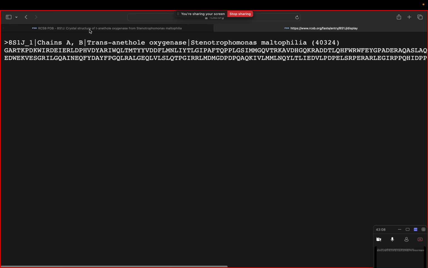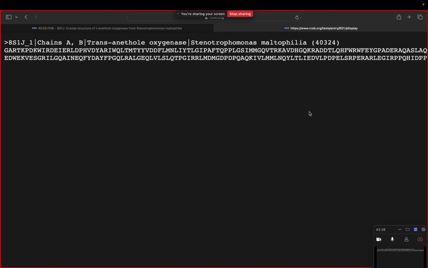So what is the FASTA sequence? The property of a FASTA sequence is that it starts with a greater than symbol, followed by the PDB ID, and then basic information separated by the pipe. This is the sequence from N terminal to C terminal. In one line, most likely you have 60 residues.